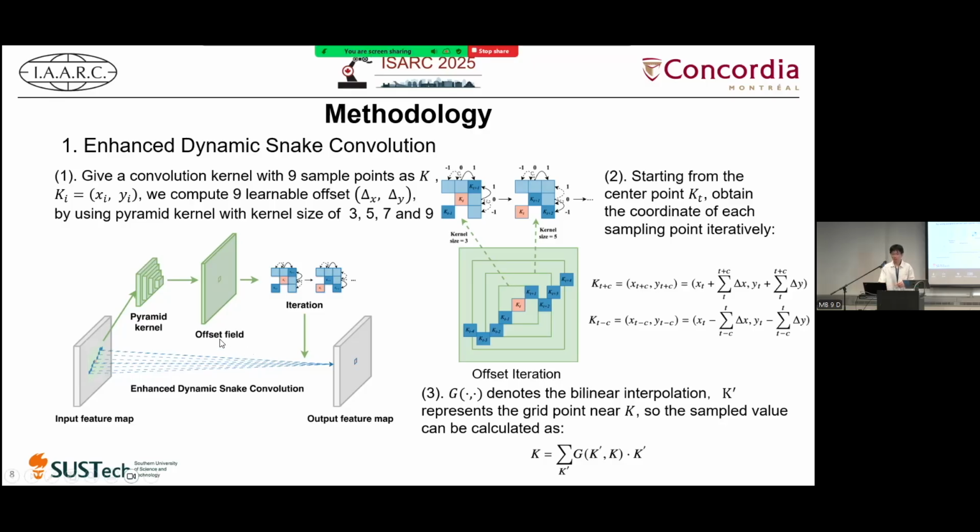By the offset field we got, starting from the center point, we iterate outward to form a snake-shaped path. Since the image points are discrete, we apply bilinear interpolation to sample the value from any point. And finally, it is followed by the standard convolution operation.